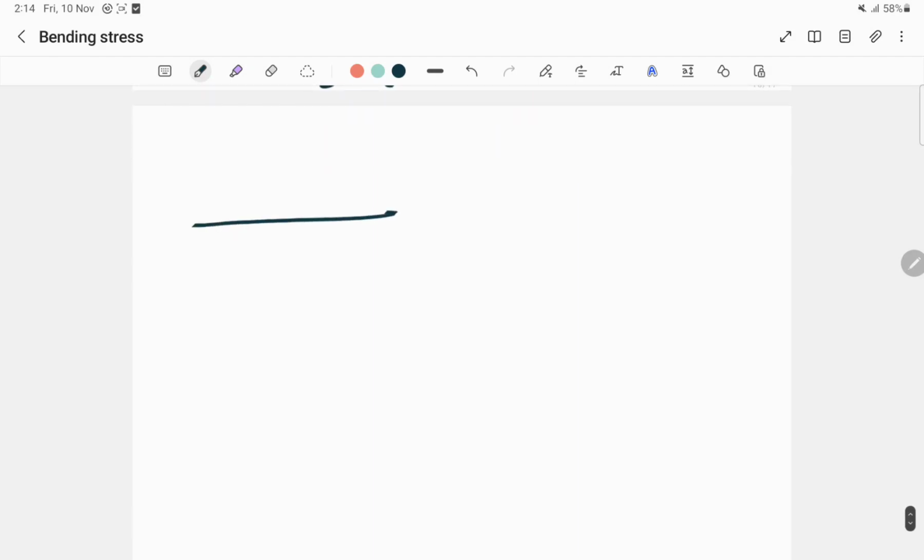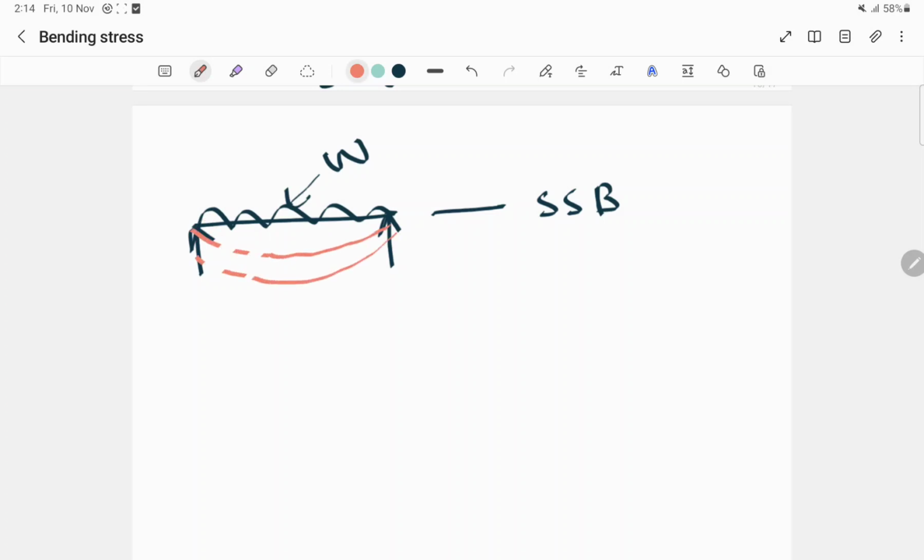So this question is based on a simply supported beam. What will happen here? When the load is acting, the deformed shape of this beam will be like this. The upper layer of the beam will face compression, and the lower layer will face tension. That's why our bending stress diagram will be like this.